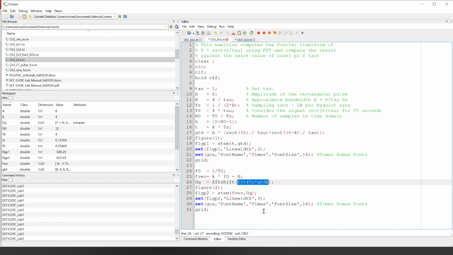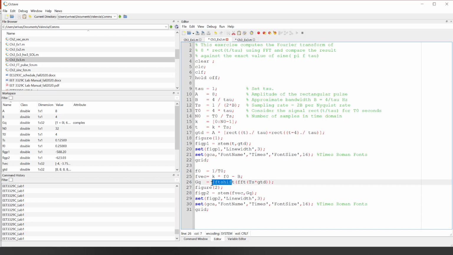And in most cases it is, to be frank. What we do is we shift it. And that's what this FFT shift function does. It just takes that half that should have been part of the next spectrum, and it flips it over and puts it on the negative frequency side.